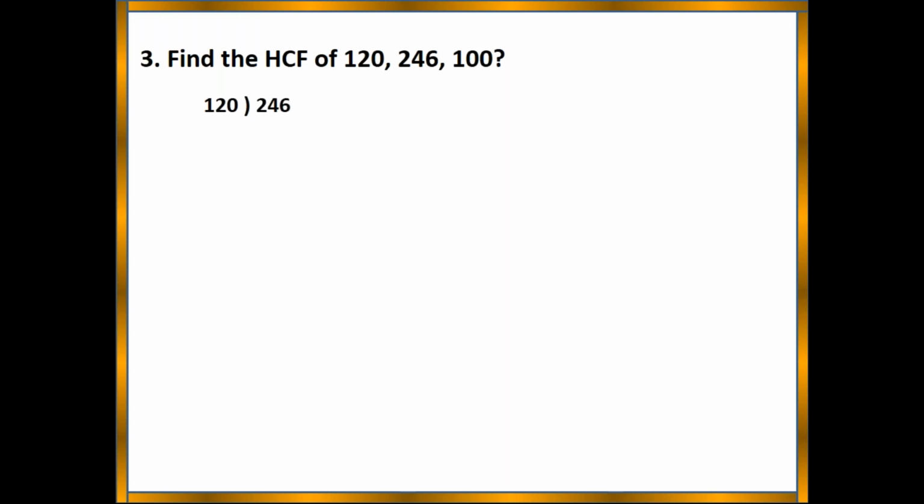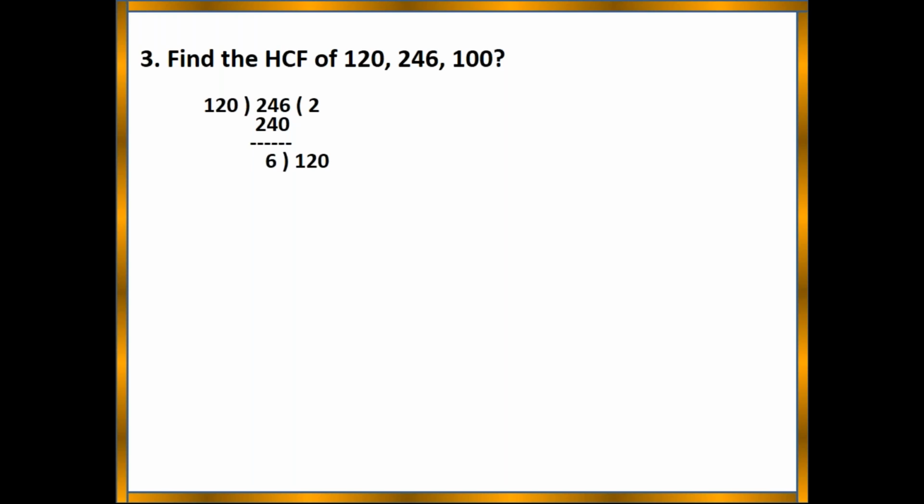120, 246. 120 times 2 is 240. 6 is the remainder. If the remainder is not equal to 0, that remainder acts as a divisor for the previous divisor.